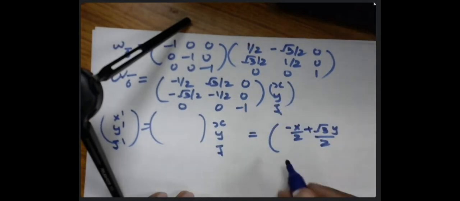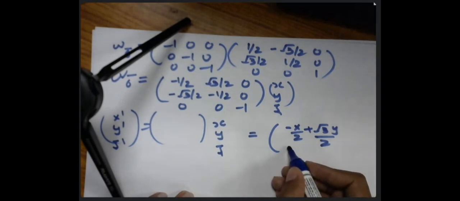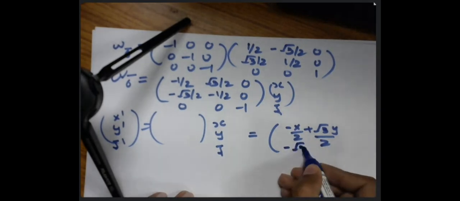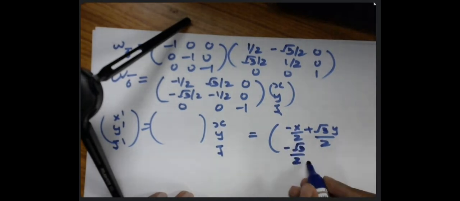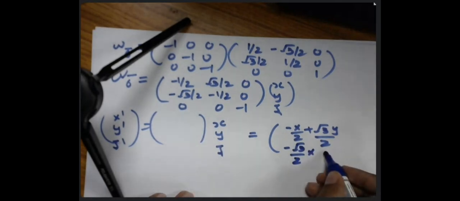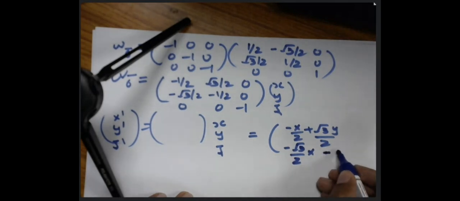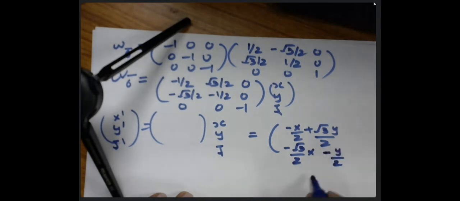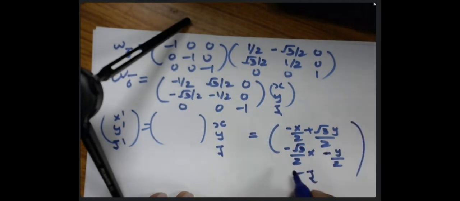Same will go for the second one. Minus of root 3 by 2 times x minus of y by 2, and for the z it will be transformed to the minus of z. So this is how our x, y, and z are changing.